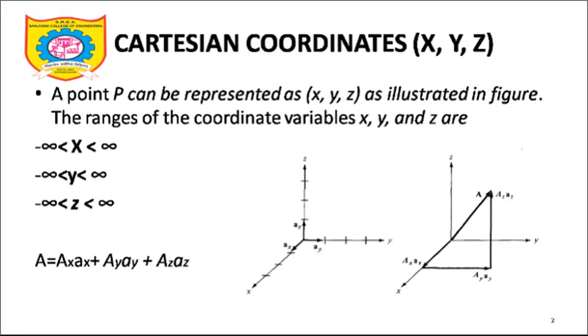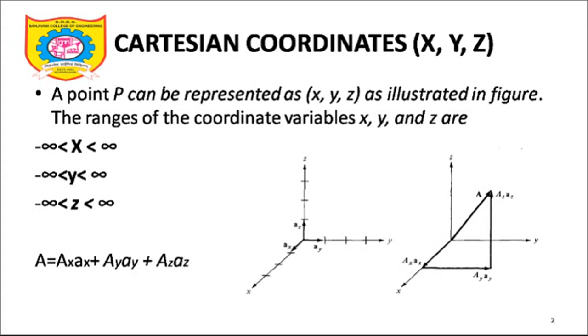Now see, the first thing is why we need to study a coordinate system. Let's say I need to find the location of any point P whose coordinates are x comma y comma z in a three-dimensional space. We are all comfortable with plotting in a two-dimensional plane, just like xy coordinates, and we can plot it easily.